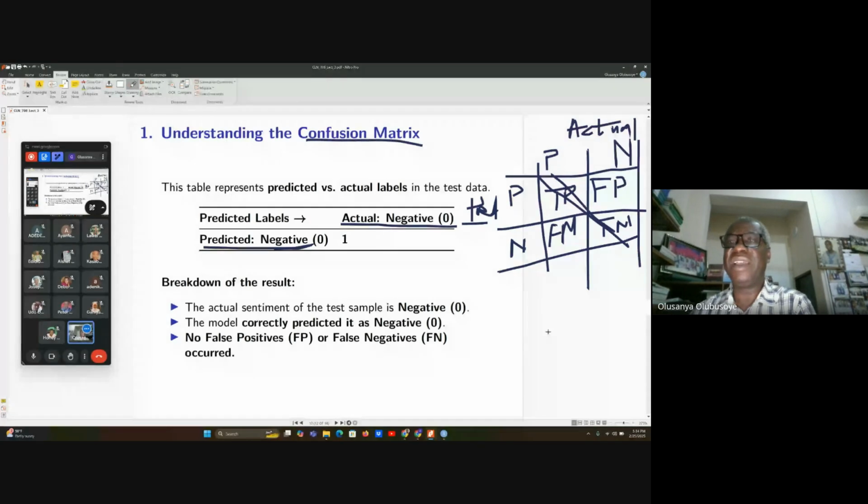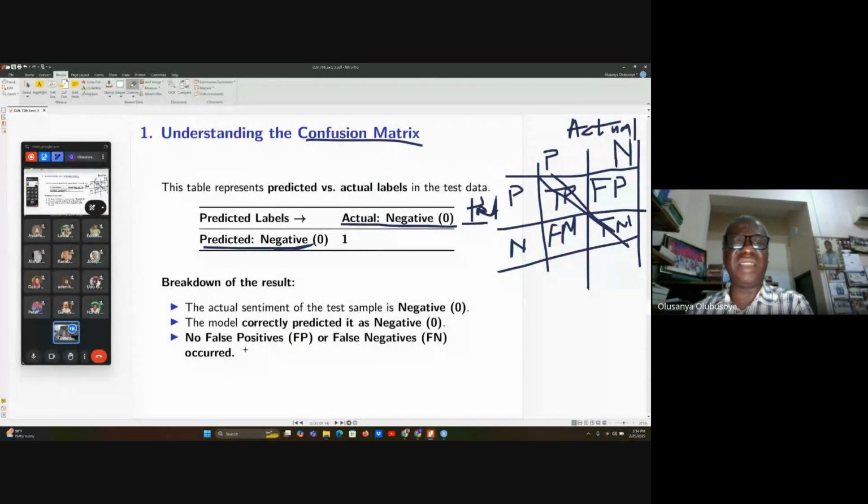So you need to understand. When we say, in this case, the actual sentiment of the test is negative, which is 0, and the model correctly predicted it as negative, that's 0.